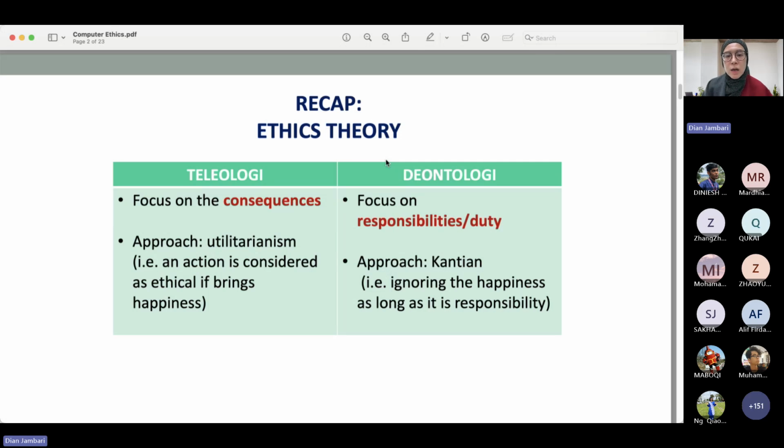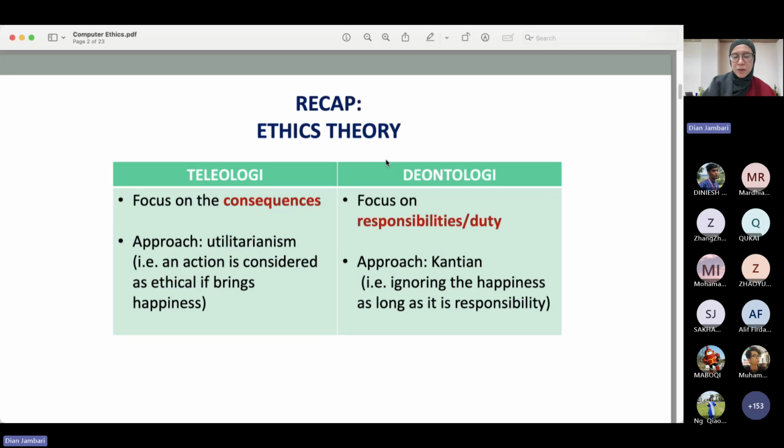The approach that falls under deontology theory is what we call Kantian, as compared to teleology, where the approach would be utilitarianism.